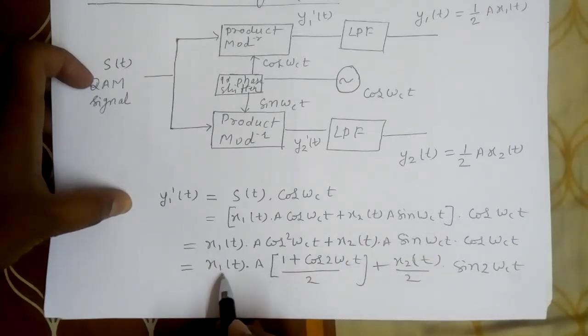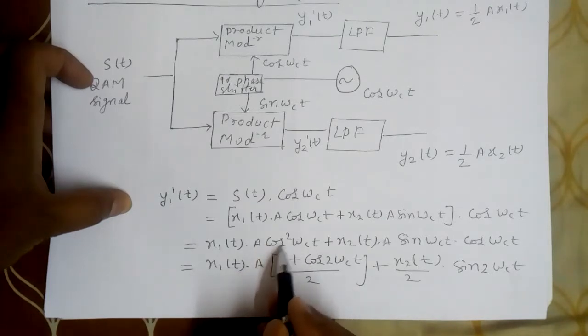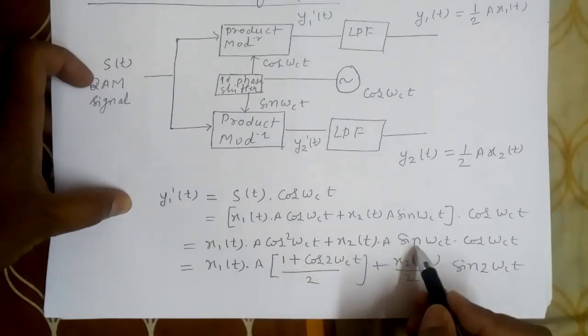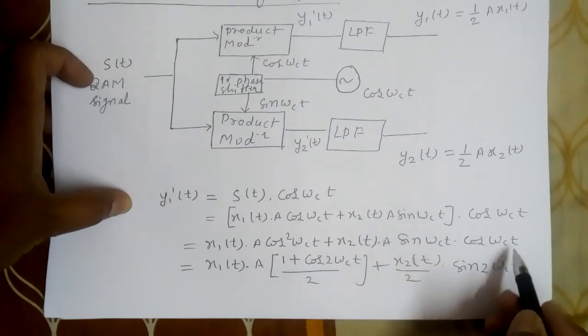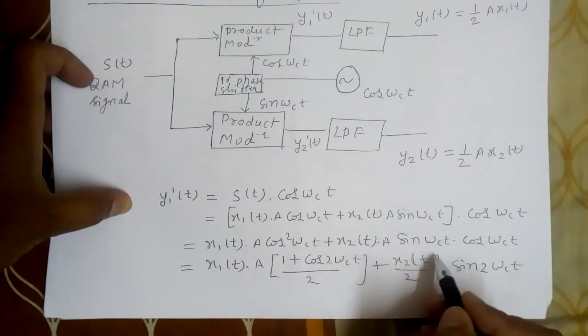Further simplification, we get x1t into a, and this cos square omega ct can be written as 1 plus cos 2 omega ct by 2, and this sin omega ct into cos omega ct can be simplified as we can multiply by 2 and divide by 2.